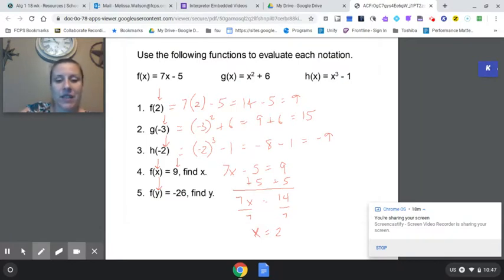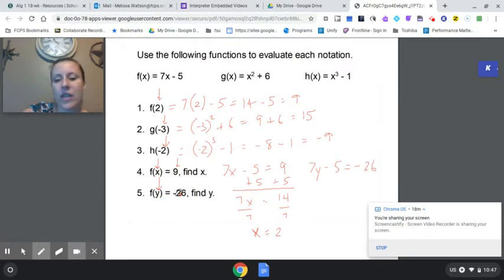So I'm going to say 7y this time because, again, it's using the variable y instead of x there, minus 5. The output is supposed to be -26. So the input is what's going in for x. In this case, y is going in for x. And this is the output, -26.